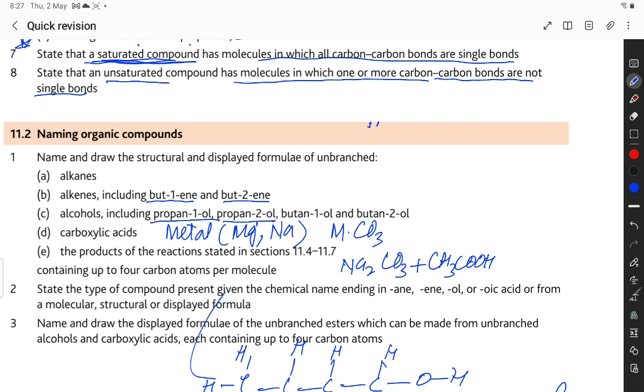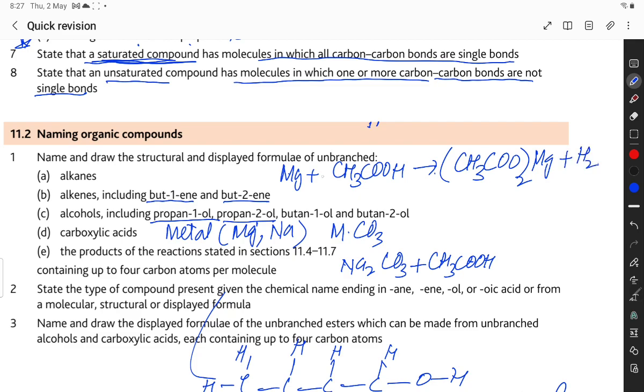This is the reaction of a metal with ethanoic acid: magnesium plus CH3COOH forms magnesium ethanoate plus H2, placing 2 over here.